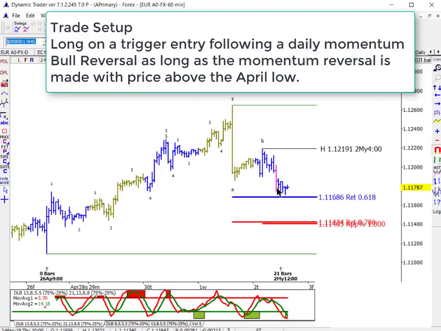That's what I'm looking at, and more than likely the maximum downside is not too far below where we are so far today, at least today's low so far. But that bullish reversal has to be made with price above the April 26 low to be that ideal bullish setup to identify the end of a correction and continuation of the bull trend.